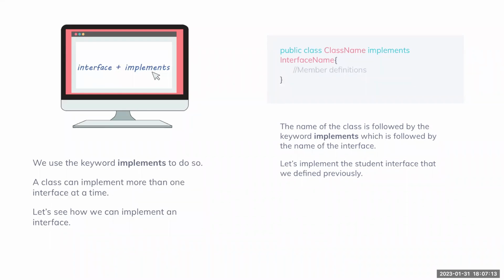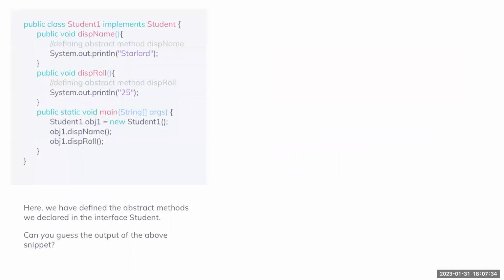Let's say we have two abstract methods present in that interface. Whenever you are implementing it, you have to definitely implement those two methods. Otherwise, you will get a compile time error that you did not implement one of the methods.